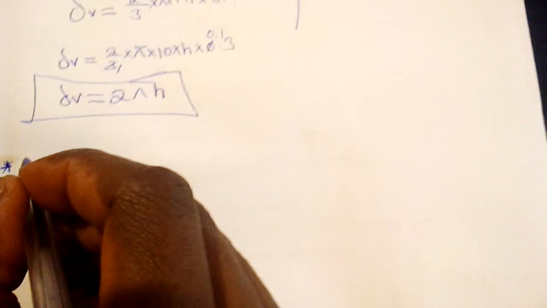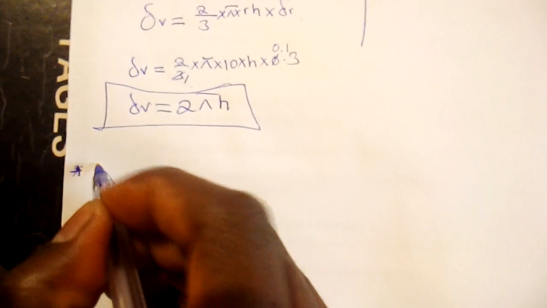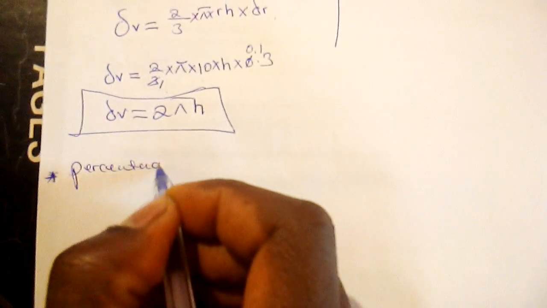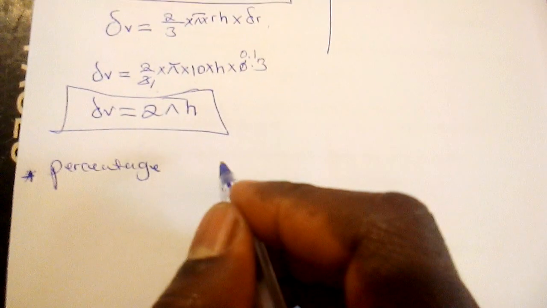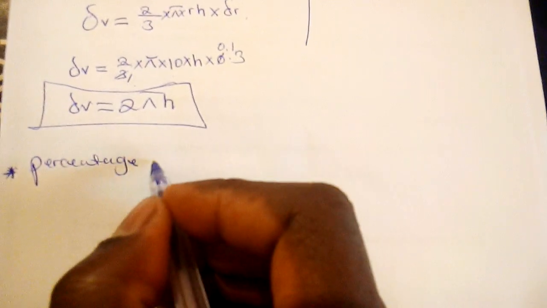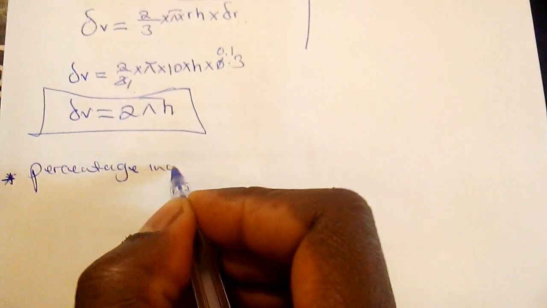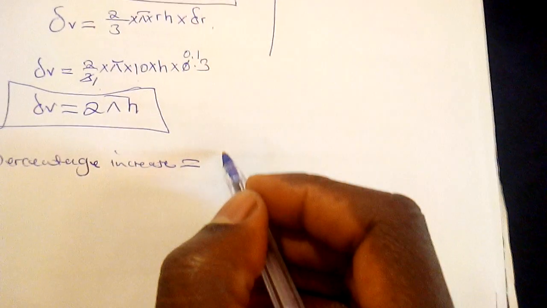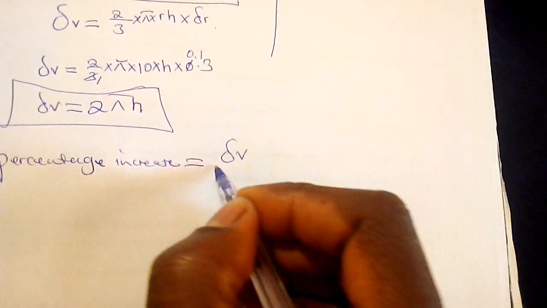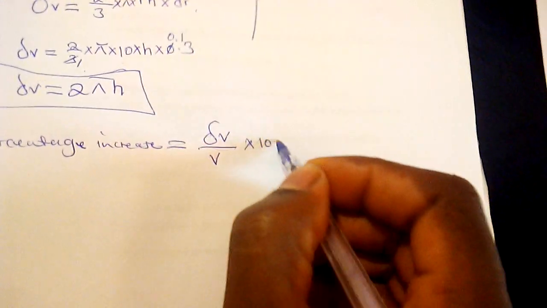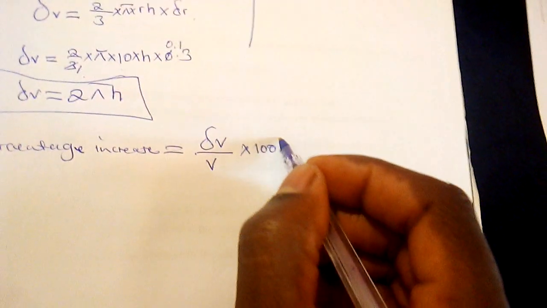So now we are saying percentage increase, or simply put, percentage change, is given by the formula change in volume over the volume of the cone times 100%.